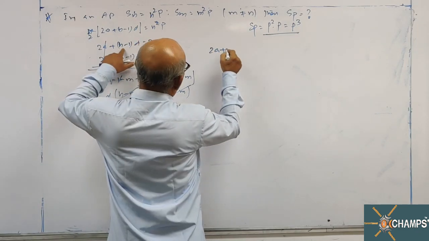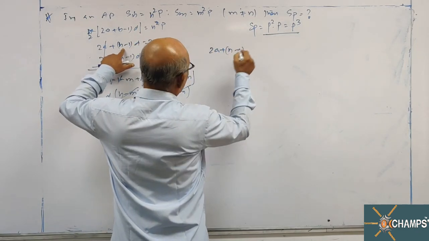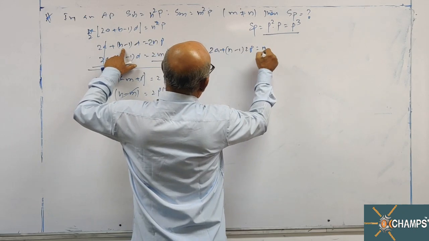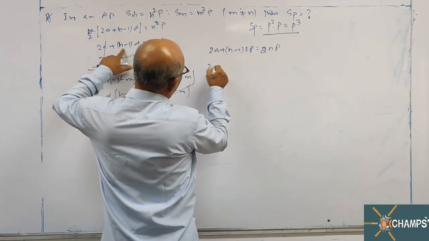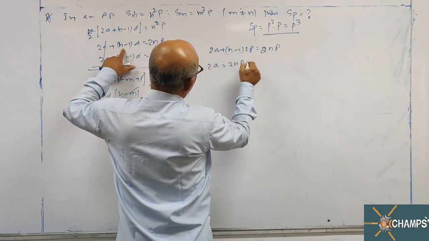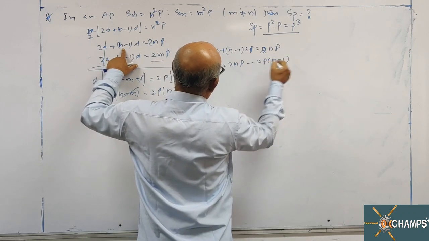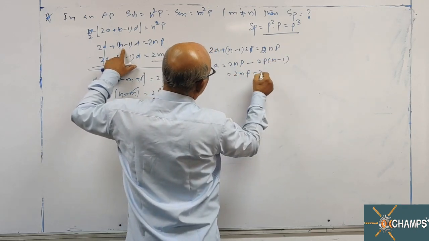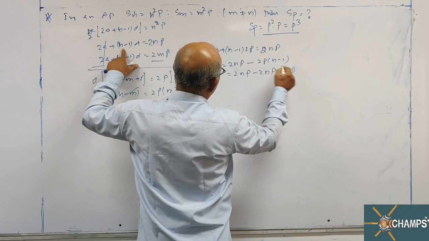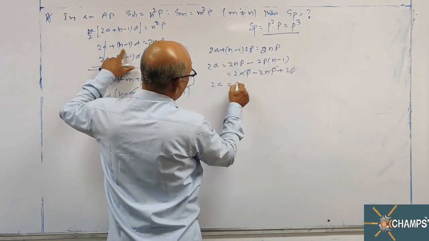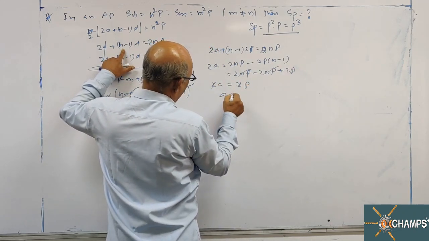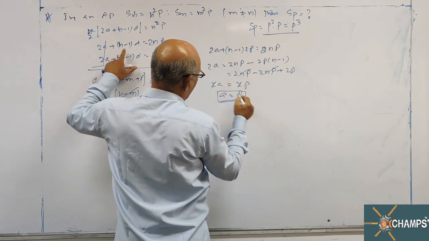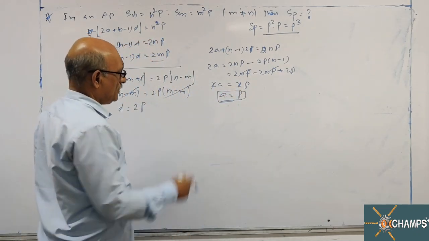2a plus n minus 1 into 2p is equal to 2np. 2a is equal to 2np minus 2p into n minus 1. Cancel. a is equal to p. First term is obtained, common difference is obtained.